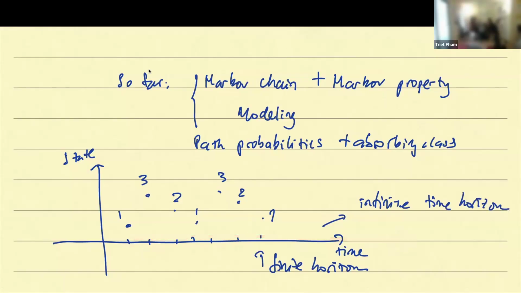Of course, to be able to handle infinite time horizon, you must be able to handle finite time horizon. If you cannot even do simple path probabilities, forget about dealing with more complex stuff when you push things infinitely. That's why we spend time with these things.